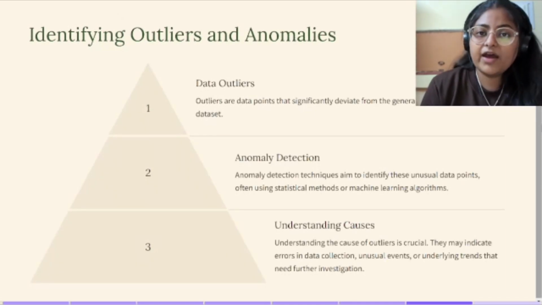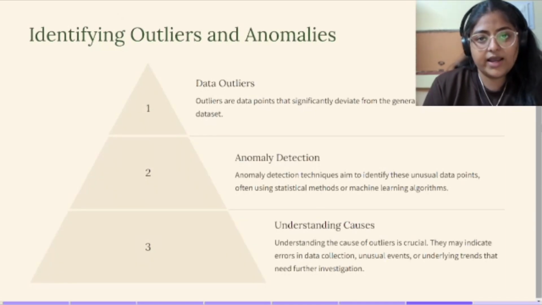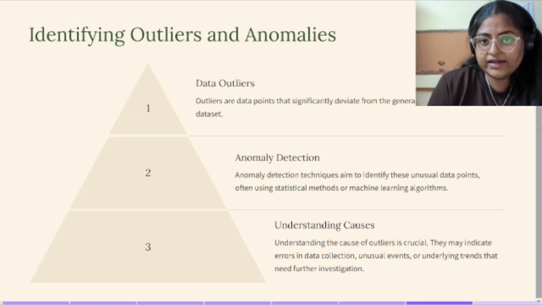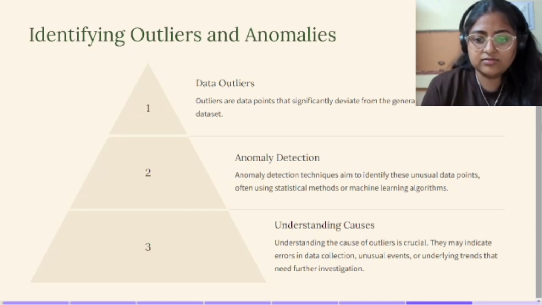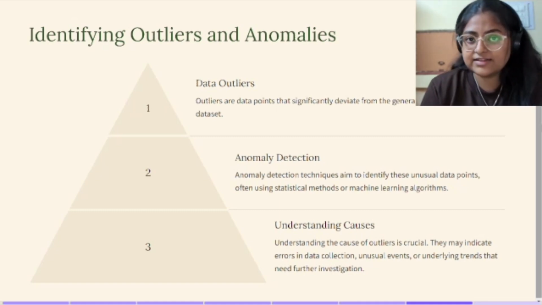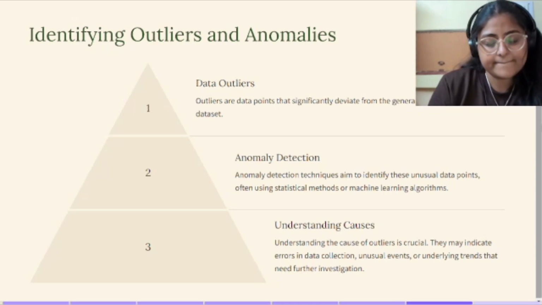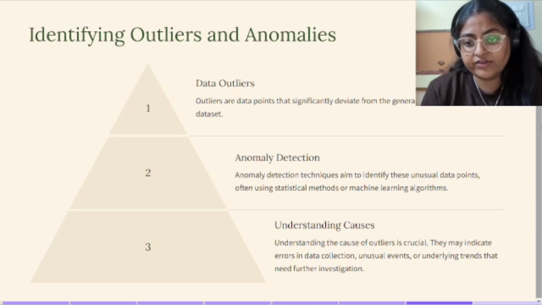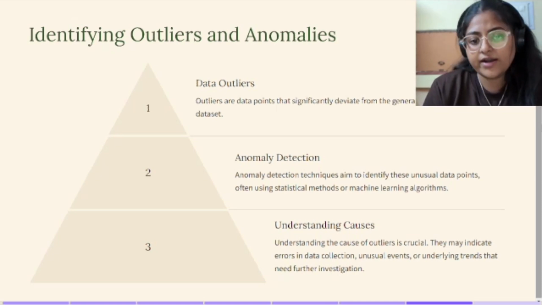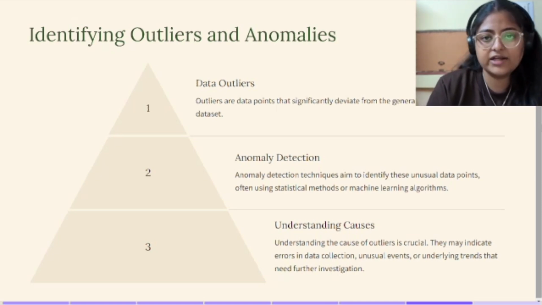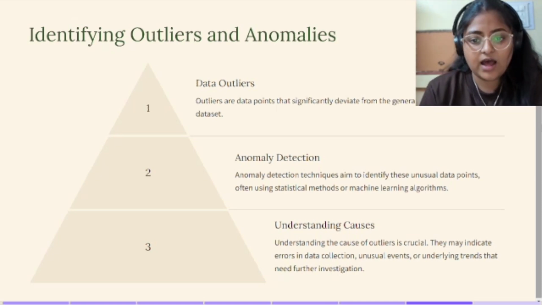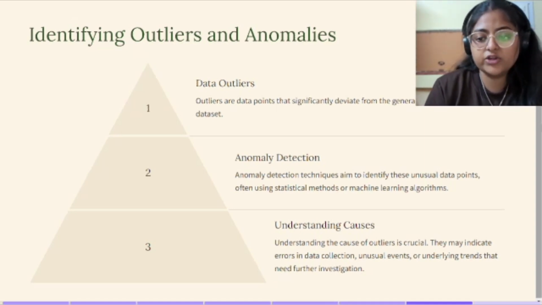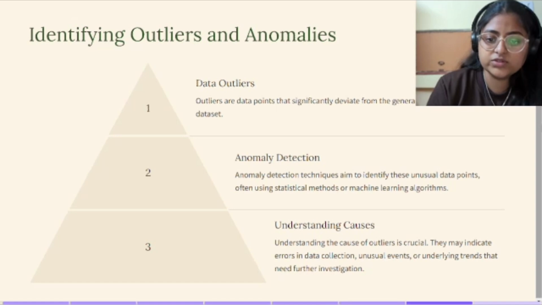How to identify outliers and anomalies. Outliers are basically unneeded data, and anomalies are the detections which are necessary for our data to be cleaned. Data outliers are data points that significantly deviate from the general pattern or trend in the dataset, which do not match the trend in the dataset. Anomaly detection techniques aim to identify these unusual data points, often using statistical methods or machine learning algorithms.